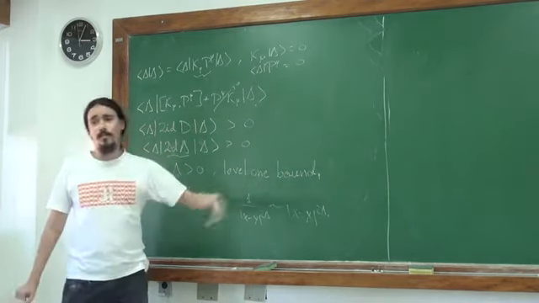So we trade this sum on the right hand side by a sum over primary operators.